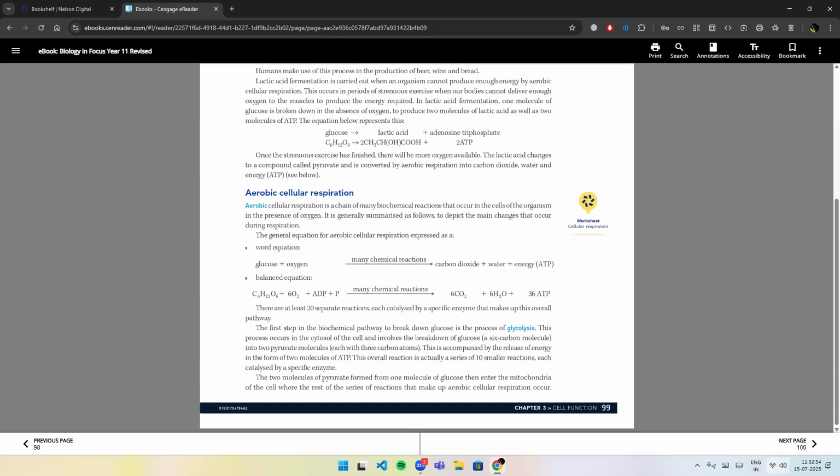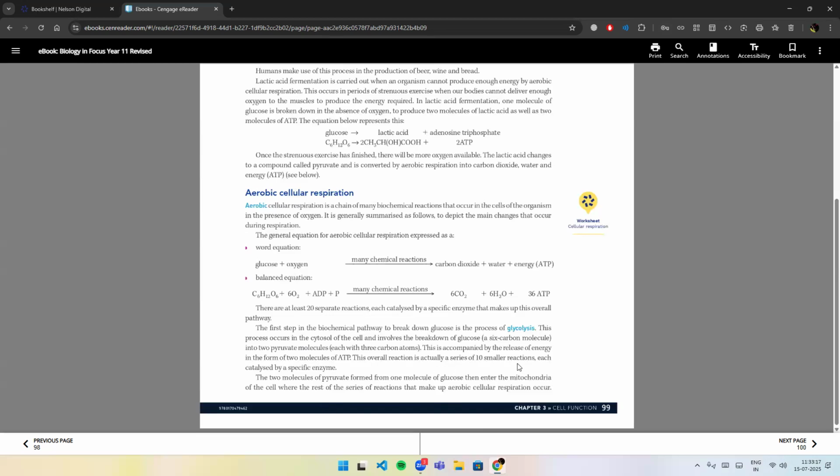There are at least 20 separate reactions, each catalyzed by a specific enzyme, that make up this overall pathway. The first step in the biochemical pathway to break down glucose is the process of glycolysis. This process occurs in the cytosol of the cell and involves the breakdown of glucose into two pyruvate molecules.